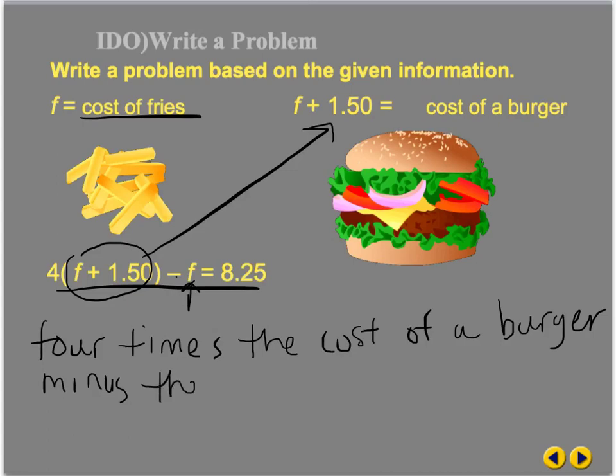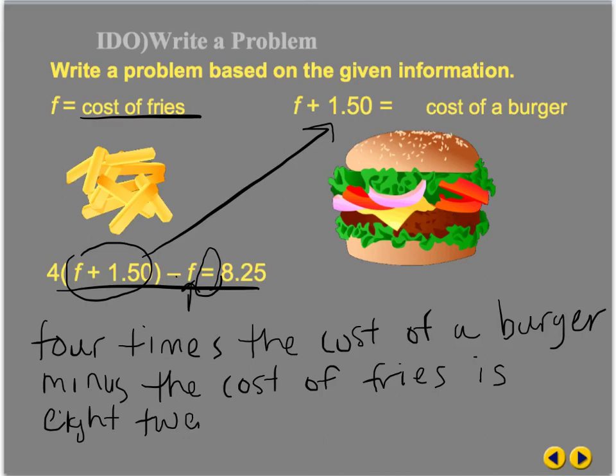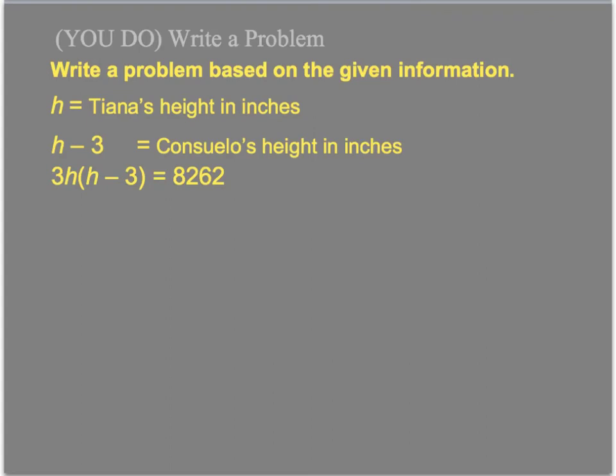Minus the cost of fries. You can use any of the equals phrases that you want: is $8.25. Okay, please try this one on your own and then check back.